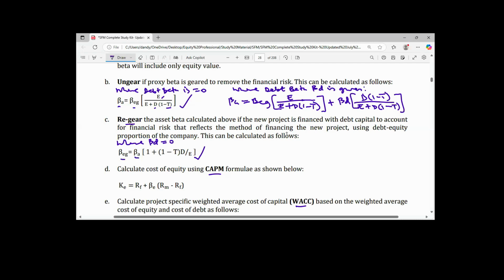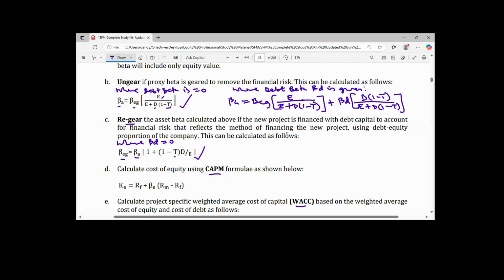The beta asset you have calculated in step 2 into 1 plus (1 minus tax of the main company) multiplied by debt equity proportion or debt equity ratio of the main company. Okay? So this is not raised to power D over E. No, it is multiplied by debt equity proportion. At times, the debt equity proportion could be 30. If debt is 30, then equity will be 70. All right? But in any case, that is for that.